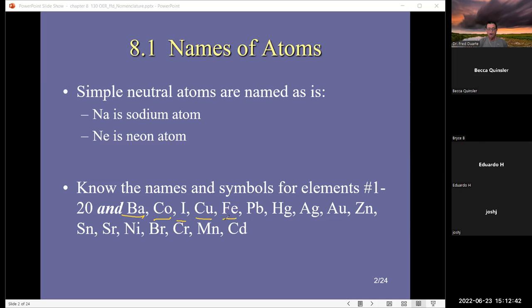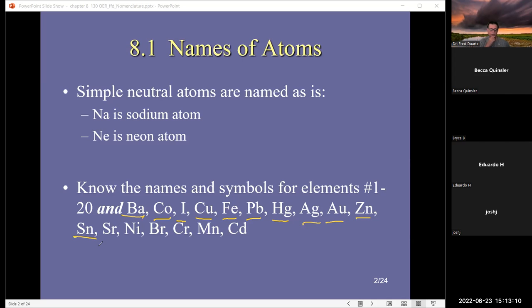We got Fe for iron, Pb for lead, Hg for mercury, Ag for silver. These two get confused a lot, the Hg and the Ag. I don't know what you can do to differentiate, but Ag is silver, Hg is mercury. All right, then we got Au for gold, Zn for zinc.